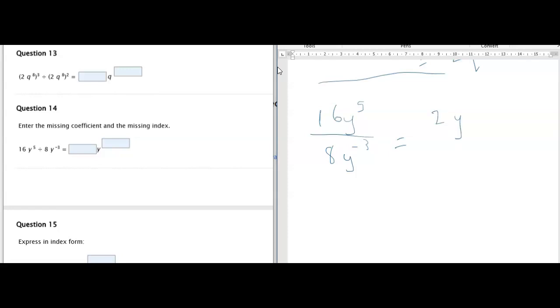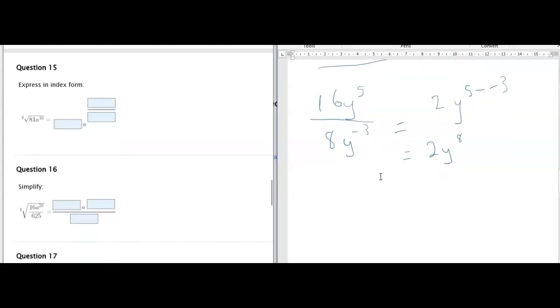And then we've got y to the power of 5. Because we're dividing, we subtract our powers, minus negative 3. And there's nothing on the numerator because that 8 was not cancelled, but we divided it into the 16. And then this negative 3 will become 5 minus negative 3, which is positive 8. So your answer there is 2y to the power of positive 8.